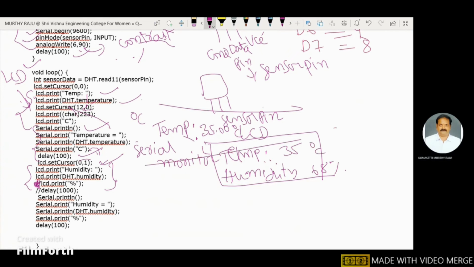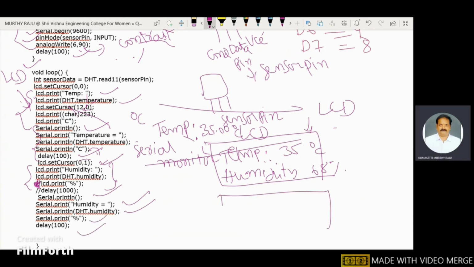This is for the LCD. For the serial monitor case, we use Serial.print humidity, Serial.println DHT.humidity, Serial.print percentage, and delay is 100. This is the serial monitor case.